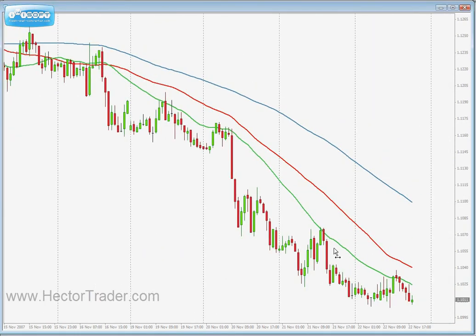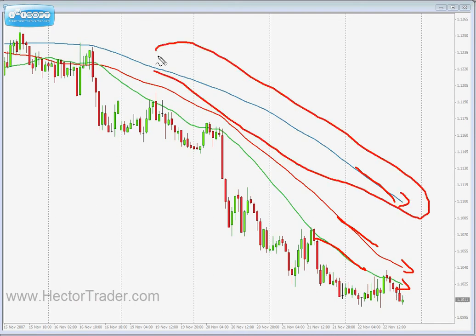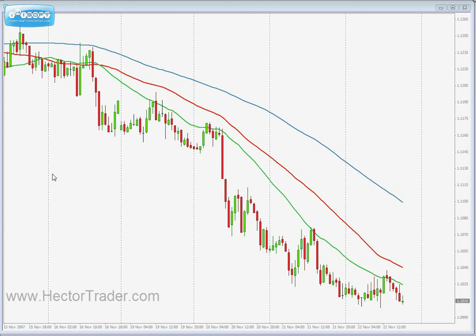As we saw in the first video of this trading course, as far as I am concerned, a trending currency pair shows my three main moving averages, the 30, 50 and the 100, all of them in order, all of them parallel to each other, price nowhere near the 100, price spending most of the time on the right side of the 50, etc. So like I say, always make sure that you are actually looking into a trending chart before trying to apply the concept of the area of dynamic support and resistance.